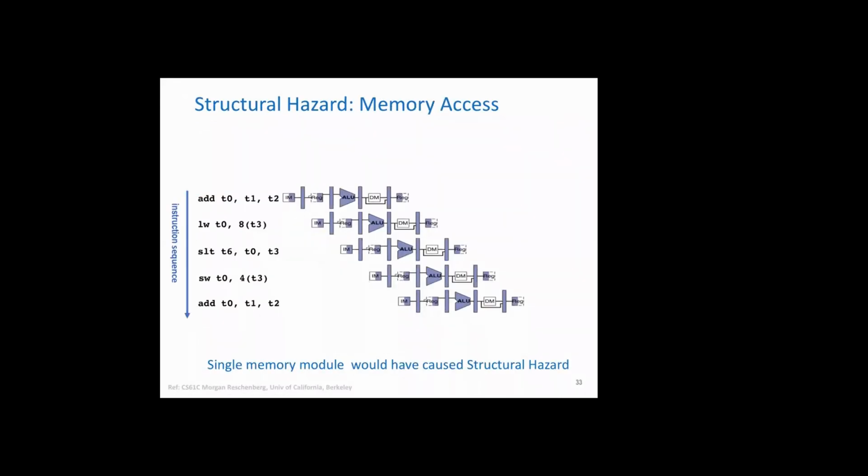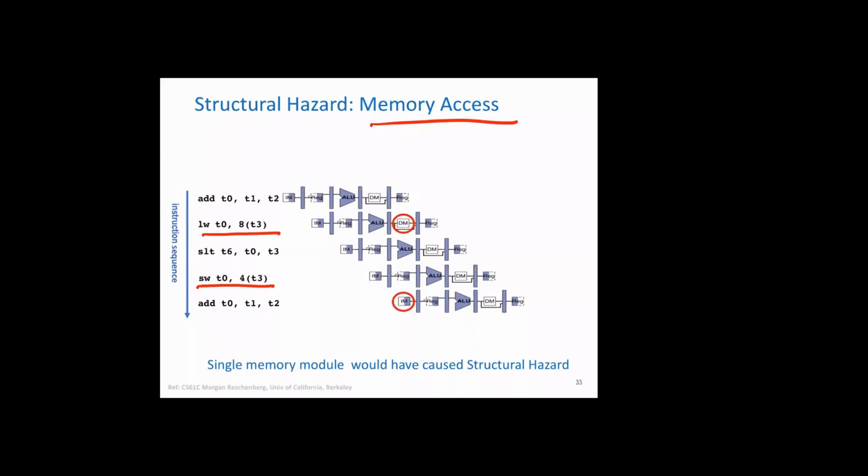Now let's look into memory access. What we had discussed earlier was register writing. Now, can you see some issue? Memory is being used here and memory is also being used here. Instruction memory is used in each cycle.